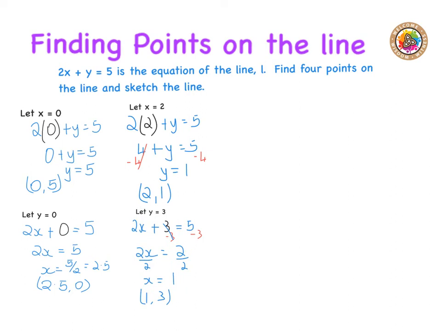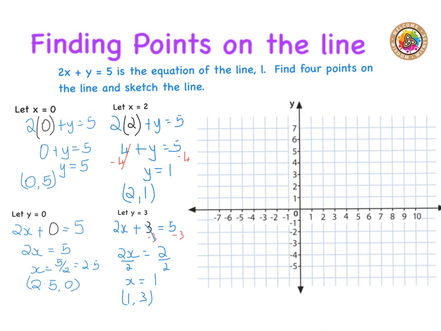Now we're asked to sketch the line. So very quickly, the first point that we had was the point 0 on the x-axis and 5 on the y-axis. So that's this point just here. The next point that we have is the point 2.5 on the x-axis and 0 on the y-axis.